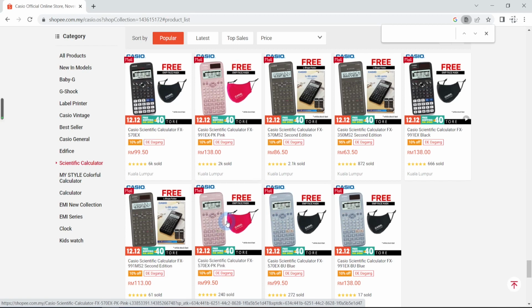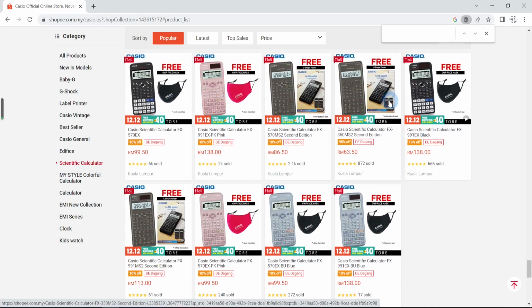You will notice that there is another model of calculator which looks very similar to the FX570EX, which is the FX991EX. These two calculators actually have the same functionality. What is different is that the FX991EX is a two-way power calculator, meaning you can use solar energy or battery. Let me show you some other differences.